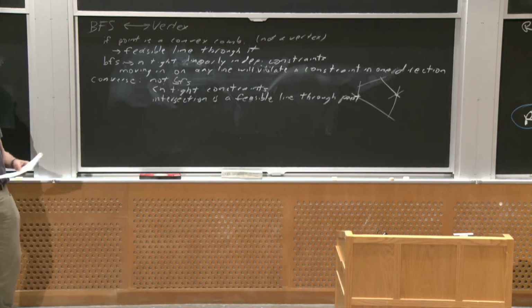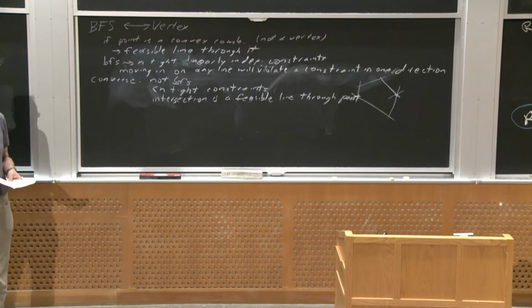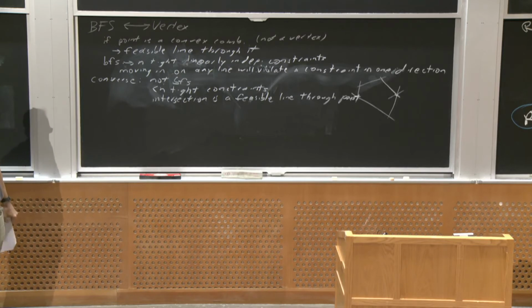But there's a greater than zero-dimensional feasible space defined by the intersection of these tight constraints. And so if you have a feasible line through the point, you move a little bit in each direction, and that gives you 2 points whose convex combination is your starting point. Yes?